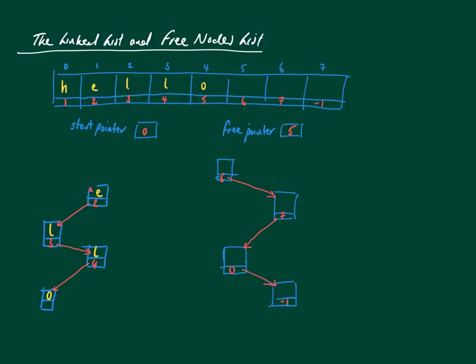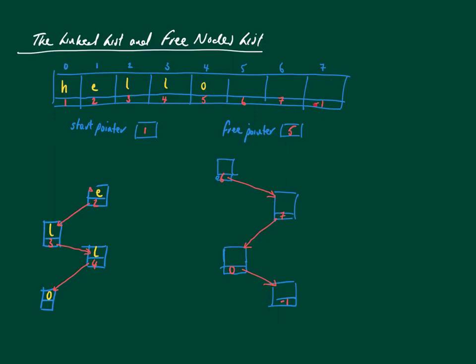As you can see here, we now have 4 nodes in the free nodes list and 4 nodes in the linked list. Other things to remember is that because we've removed the H, the start pointer has to change to 1 as shown. We have also changed the pointer of the node in location 7 of the array.